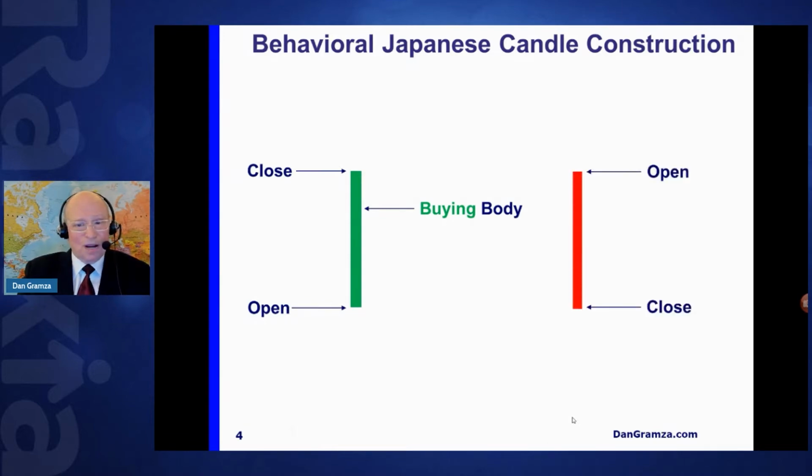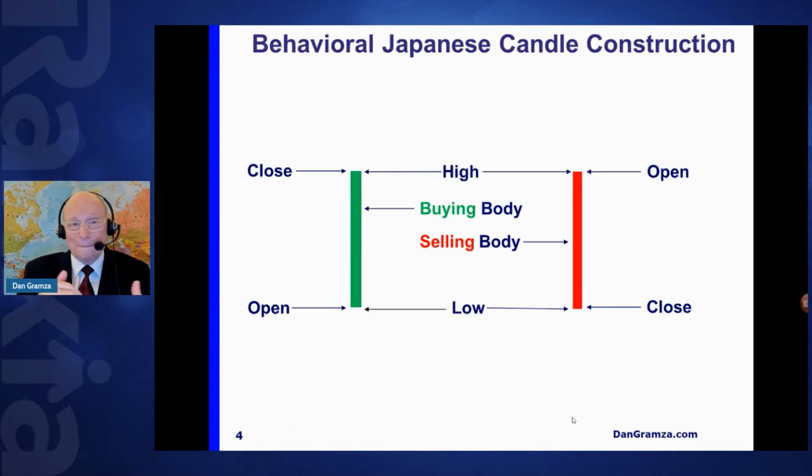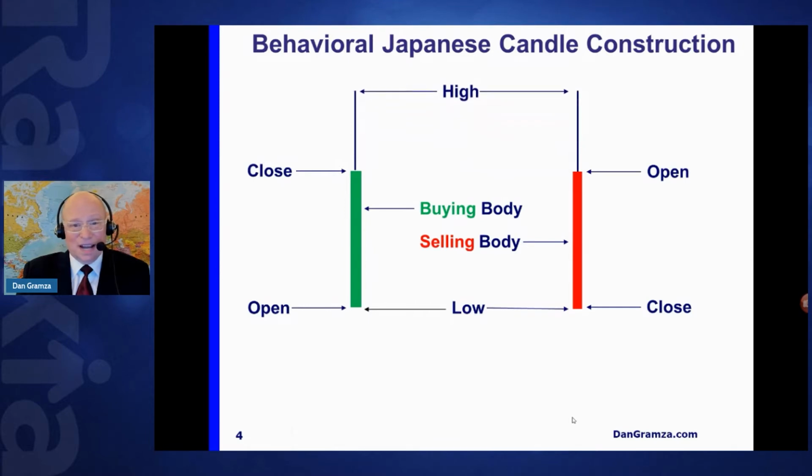When the closing price is below the open, that body is now red, and I consider that selling coming into the market. Here, I also have the high and low matching the top and bottom of the body of the candle. As many of you know, that doesn't always happen. In fact, sometimes we see the high price above the body of the candle. That is represented by this vertical line called a shadow.